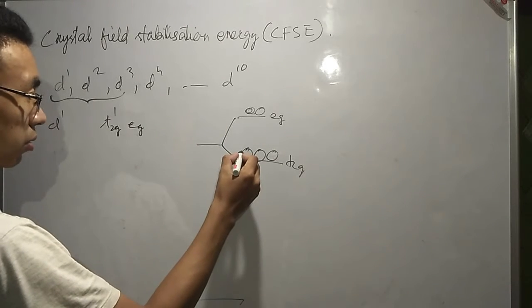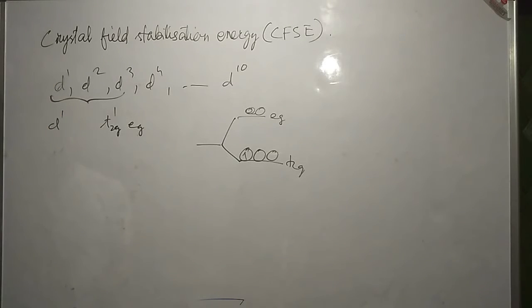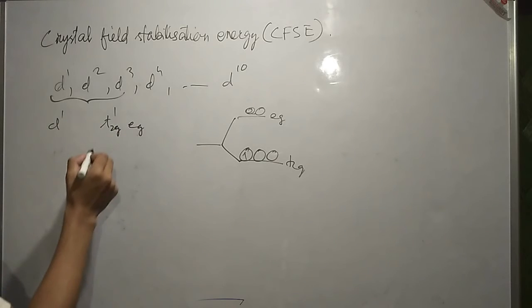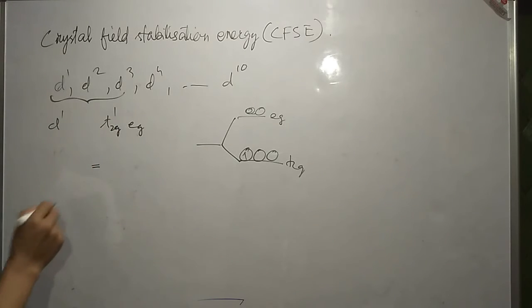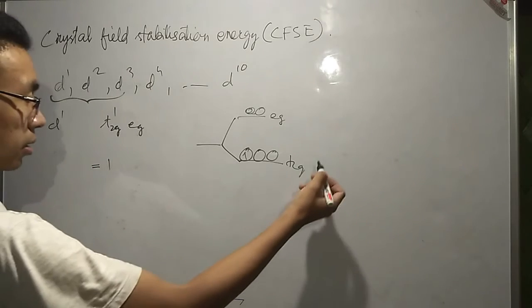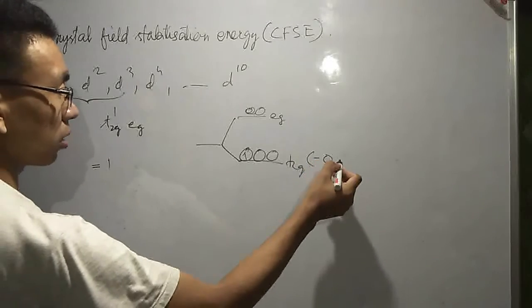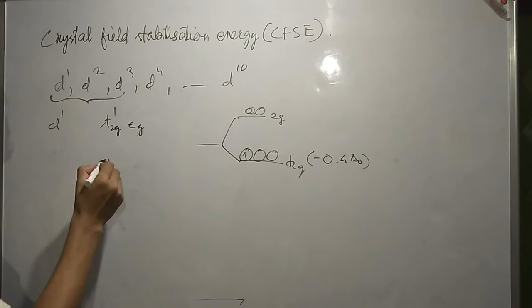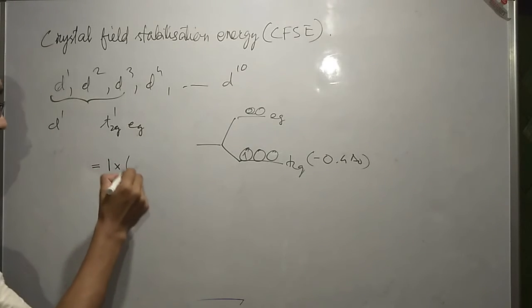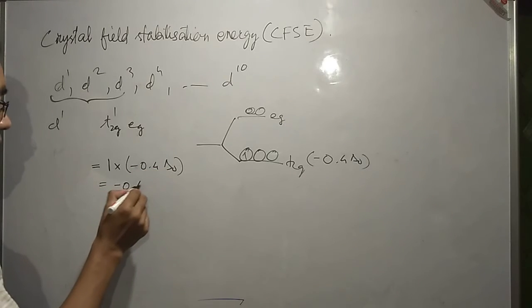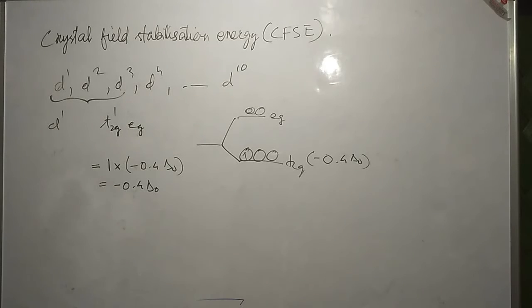The electrons will be filled first at a lower energy, so it will be filled in one of the T2g orbitals, so that is here. Now you see the total number of electrons in the T2g set of orbitals. In T2g it is minus 0.4 delta 0. So the stabilization of this one is 1 into minus 0.4 delta 0, equals minus 0.4 delta 0. So this is the way we calculate the CFSE.